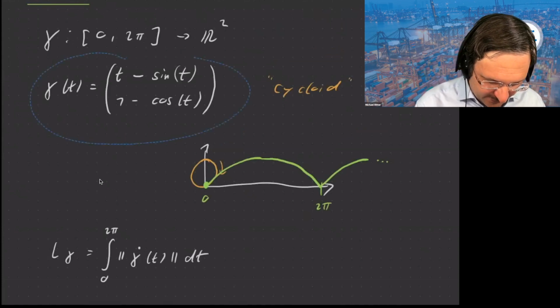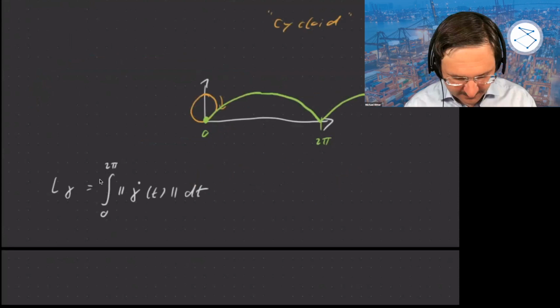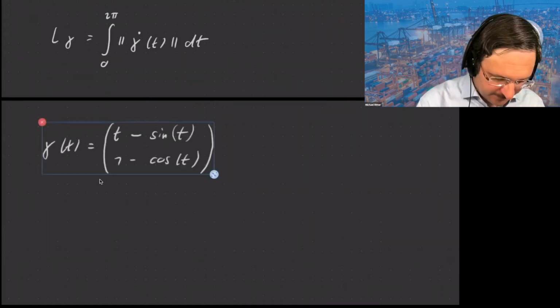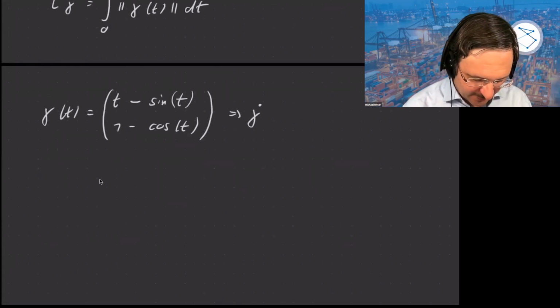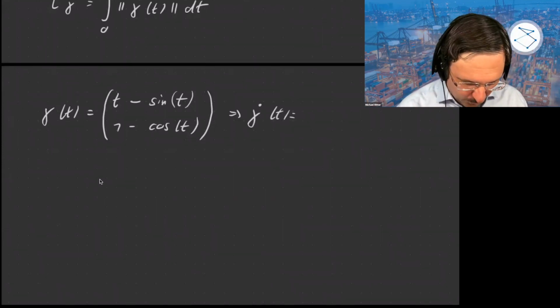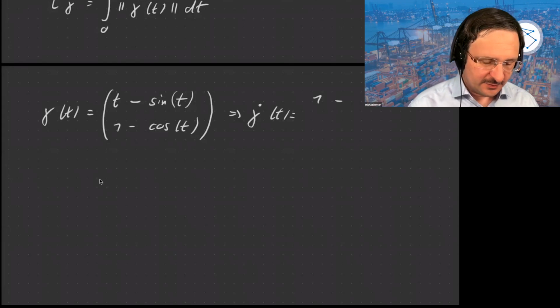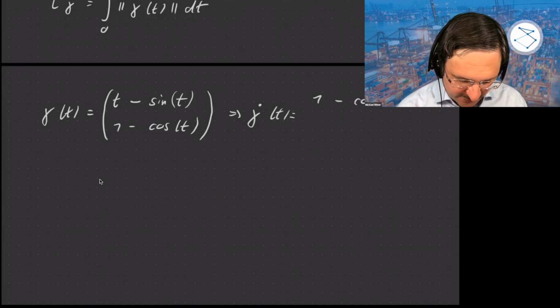Let's copy that formula here. So here's gamma, and then the derivative of gamma, gamma dot or gamma prime, is given as 1 minus, well, the derivative of the sine is the cosine, so 1 minus cosine t.